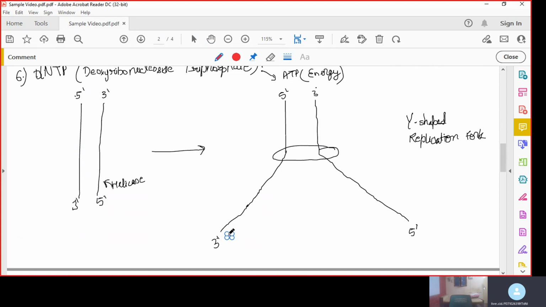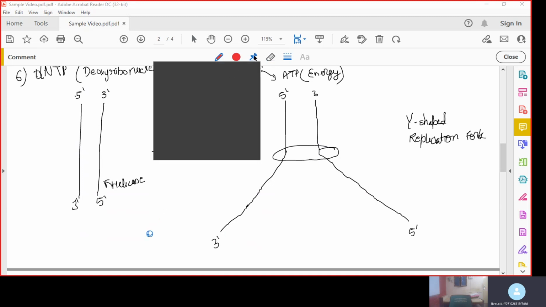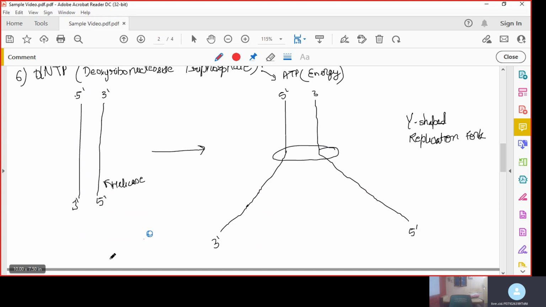The primers are single stranded. Here we got the primers, and here also we will get the primers. Now these primers will help synthesize the DNA.